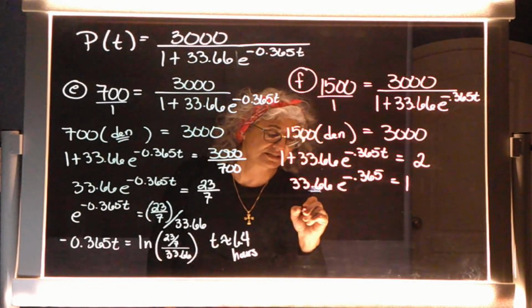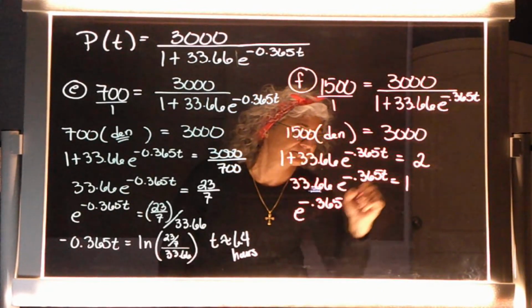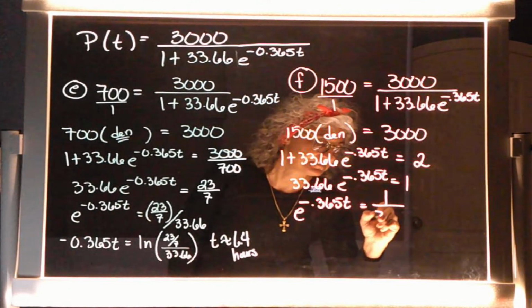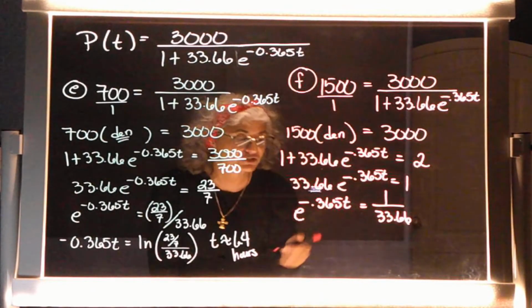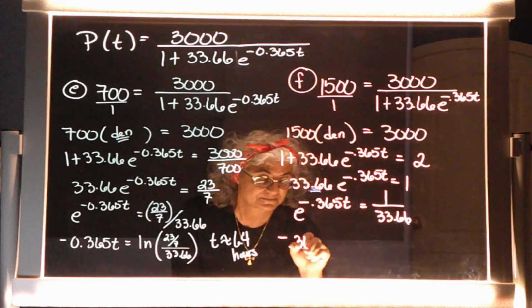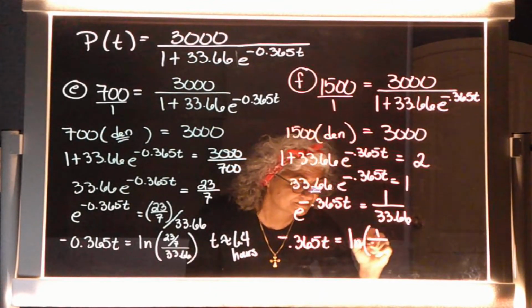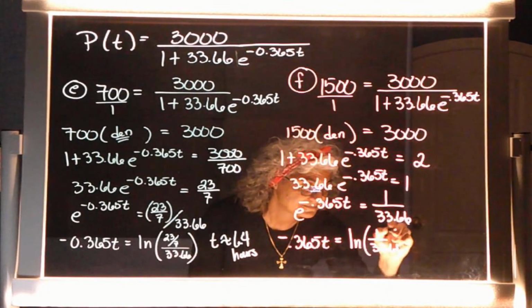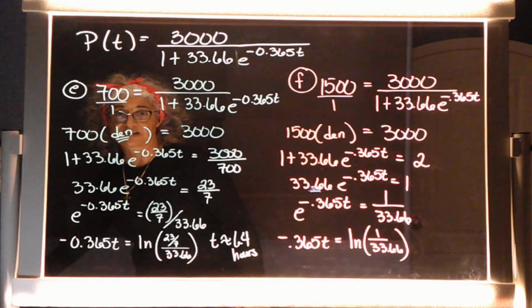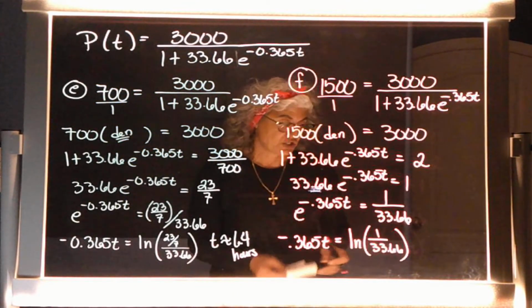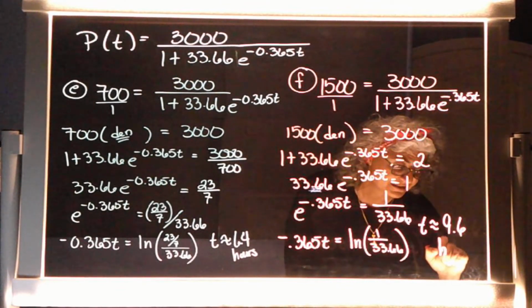Divide by the 3366. And then you end up having to take, no surprise, the natural log of both sides. And then you have to divide by that negative 0.365 on both sides. Agreed? So when you do that, I end up with the time being approximately 9.6 hours.